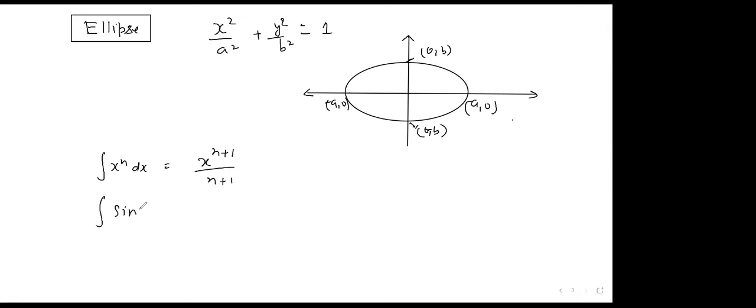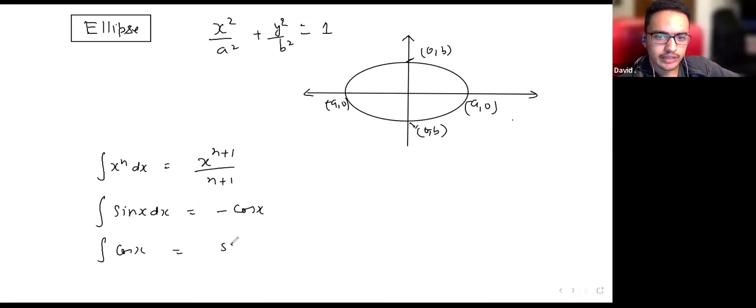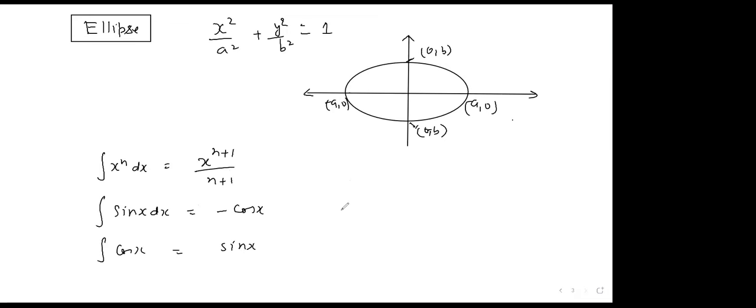What is the integral of sine x? That is negative cos x. The integral of cos x is sine x. And one more standard formula that will be used is the integral of root over a square minus x square dx.